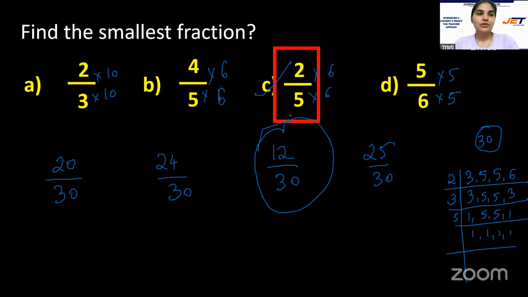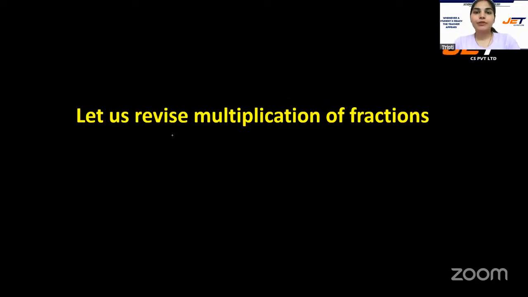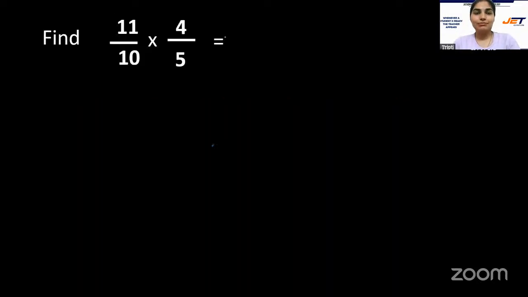Now, dear children, let's quickly revise multiplication of fractions. How did we multiply the fractions? It's very simple. Multiplication of fractions is so easy. Numerator here, denominator here, numerator here, denominator here.